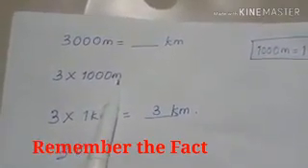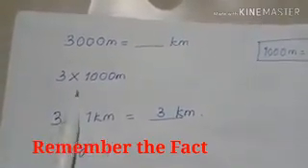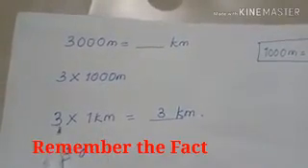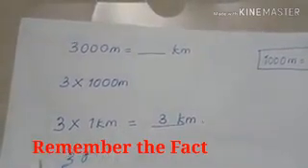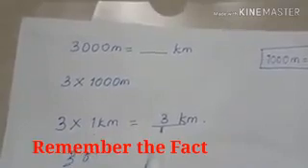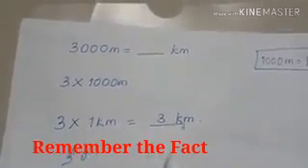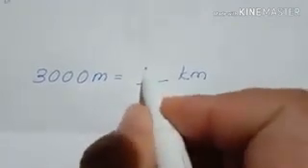So we can write 3 times 1000 meter as 3 times 1 kilometer, and 3 times 1 is 3, so it is equal to 3 kilometer. Finally, 3000 meter is equal to 3 kilometers.